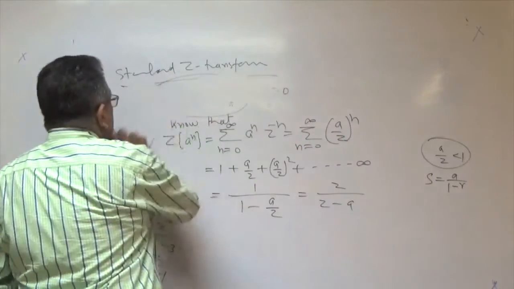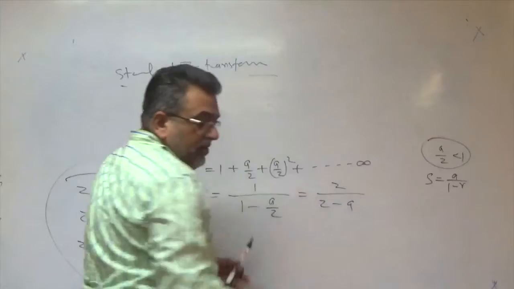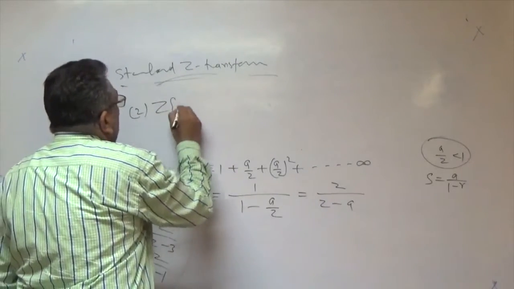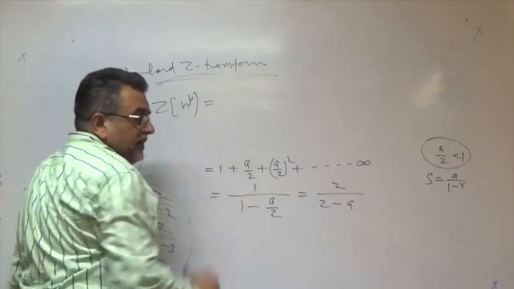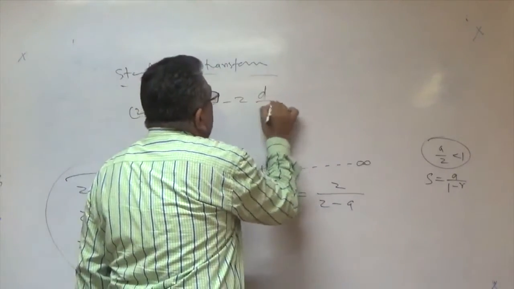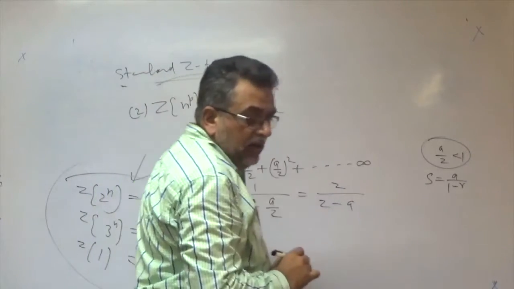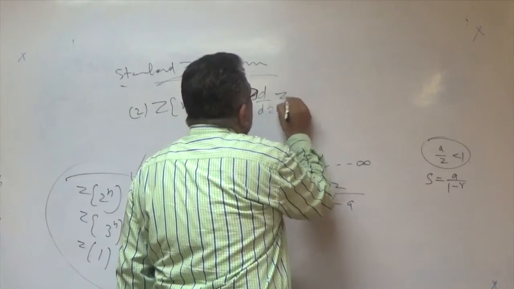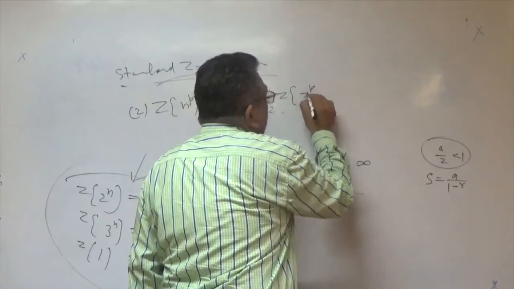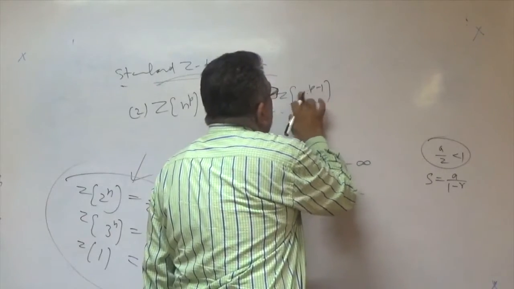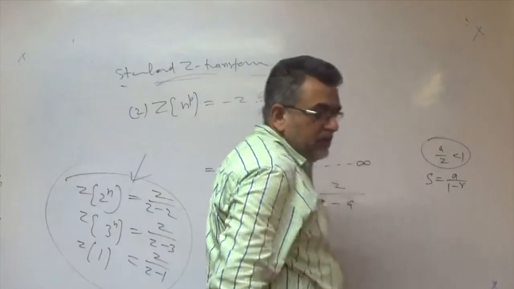Now, similarly, we take the second standard result, the z transform of n to power p. You have to prove that it equals minus z d by dz of the z transform of n to power p minus 1.